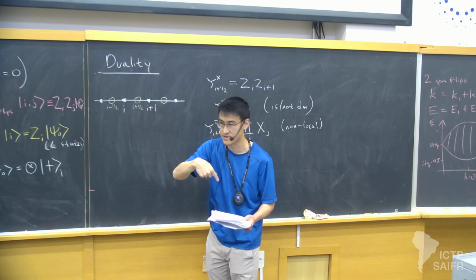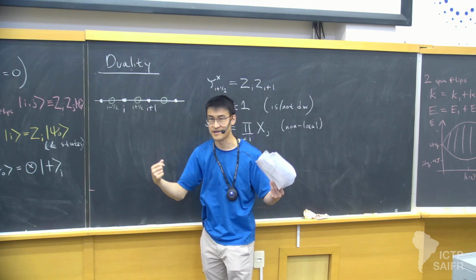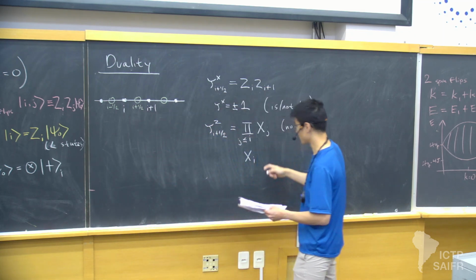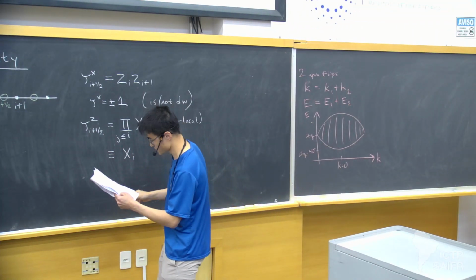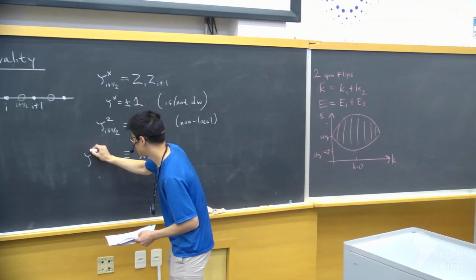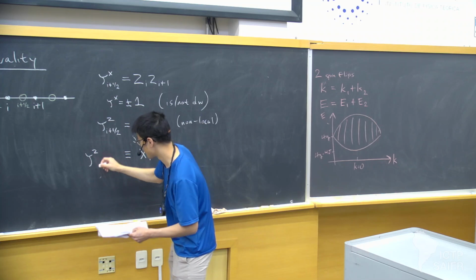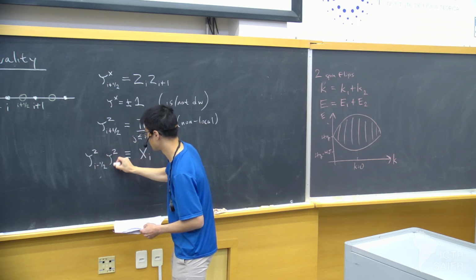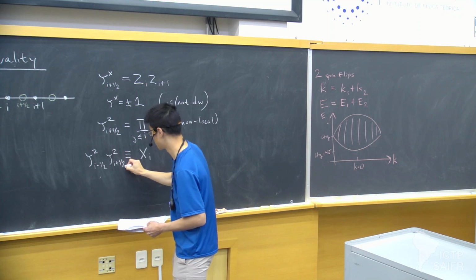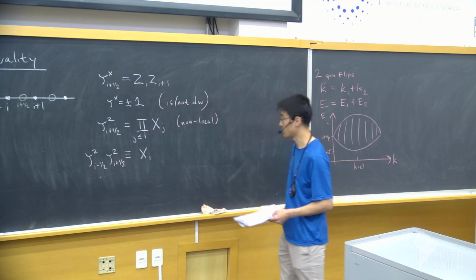When I flip a qubit, I flip the domain walls on either side as well. So X_i will correspond to two domain wall creations, so tau z at I minus 1/2, tau z at I plus 1/2. Okay?